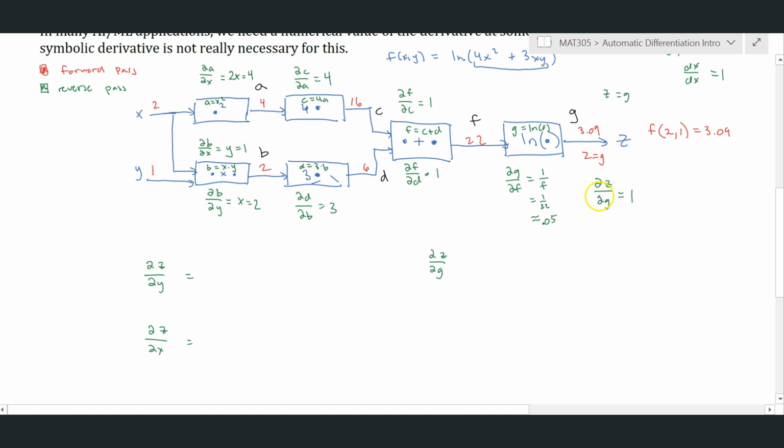We'll have dz dg times dg df times df dd times dd db times db dy. And now if our notation and everything is correct, we should get everything to cancel out. Notice that the b's cancel out here, the d's cancel out, the f's cancel out, the g's cancel out, and we precisely get dz dy.